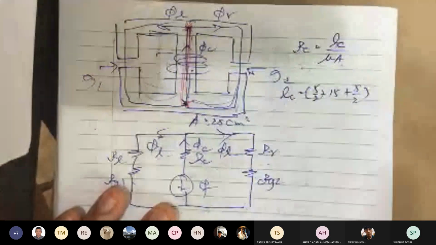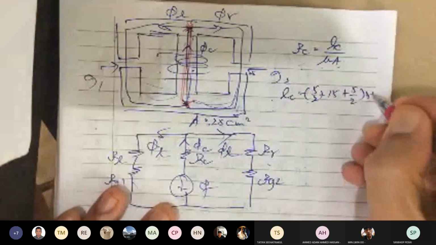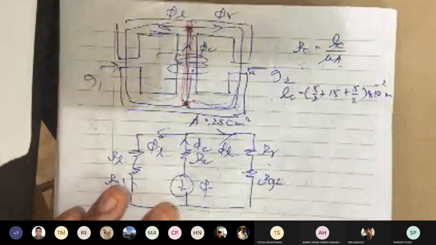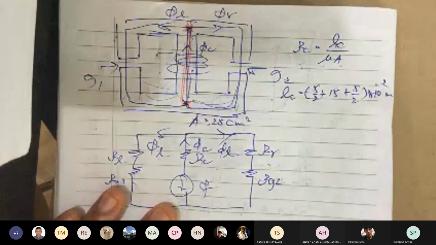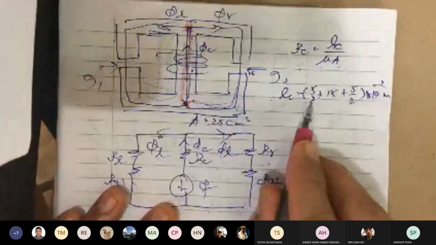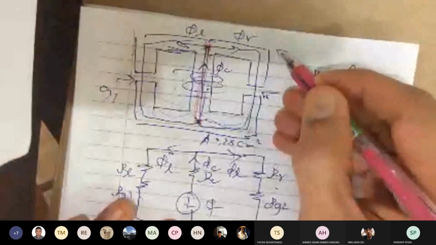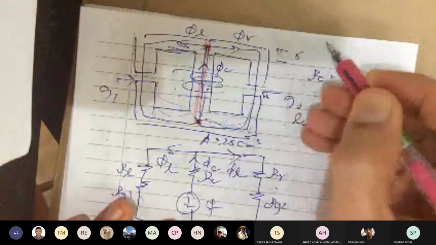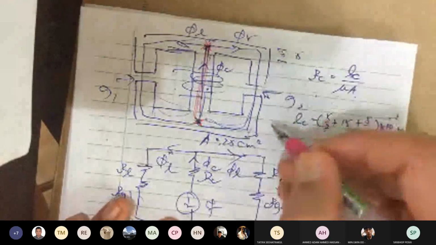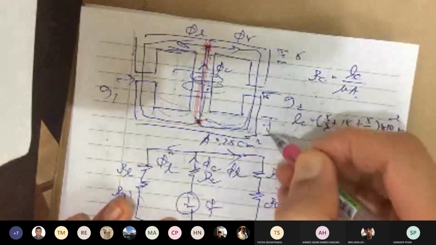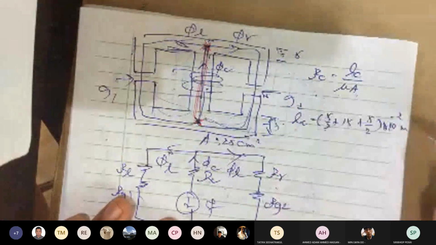And this is in centimeters, so we're going to convert to meters, so 10⁻² meter. So far so good, right? That's LC. This is 5, so half of it is 5.5. This is 5. And these are 15, I think.